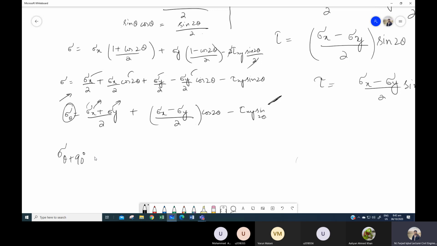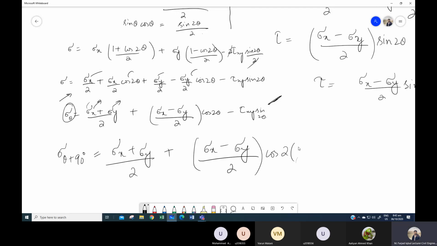So if I want to figure out the formulation for that particular stress, that would be sigma x plus sigma y by 2, plus sigma x minus sigma y by 2 cos of 2 into theta plus 90, minus tau xy sine of 2 into theta plus 90.